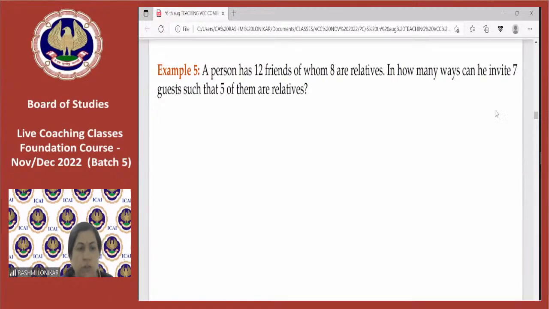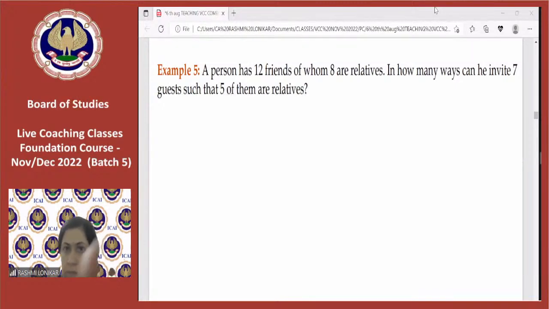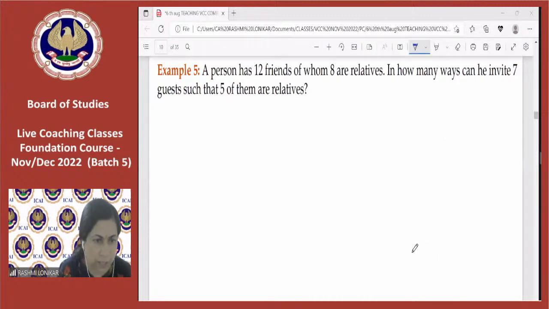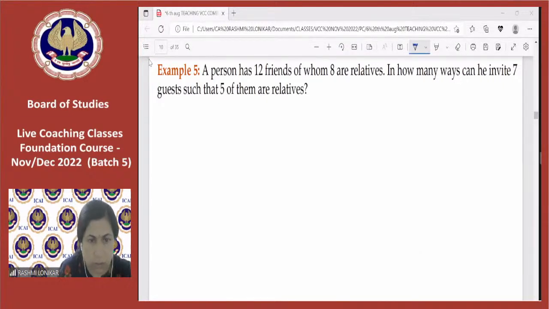Okay. We have to find out how many ways in which he can invite guests such that 5 of them are relatives. So how many friends? 12. So n is equal to 12.